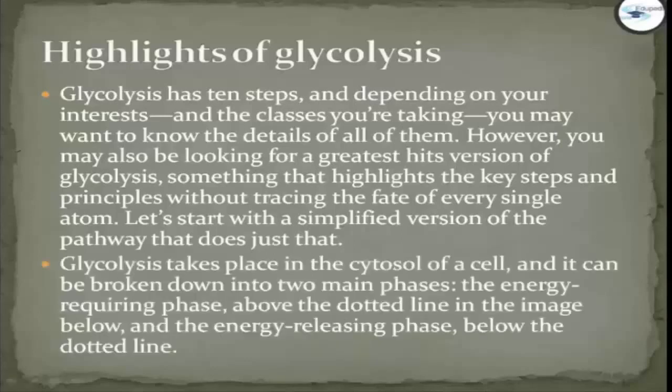Glycolysis takes place in the cytosol of a cell, and it can be broken down into two main phases. First, the energy requiring phase above the dotted line in the image below, and the energy releasing phase below the dotted line.